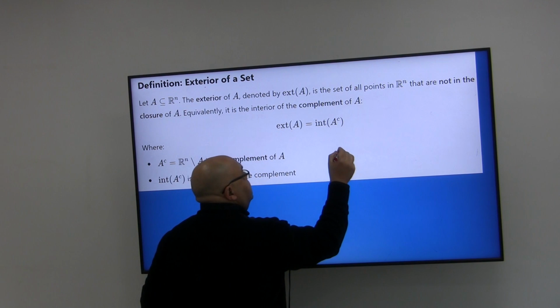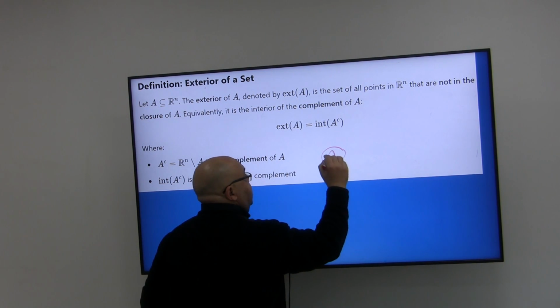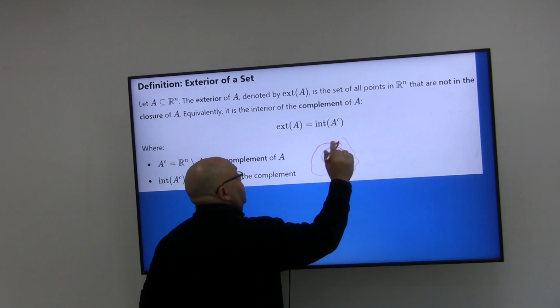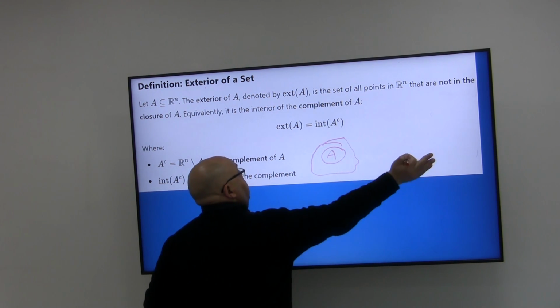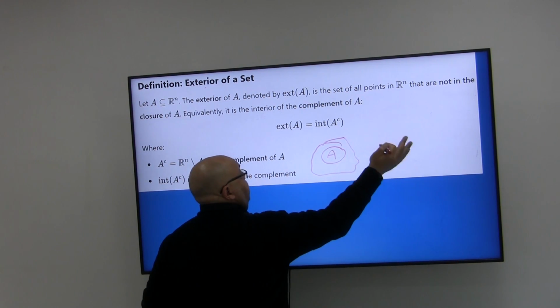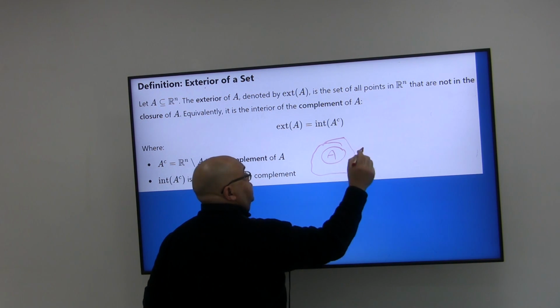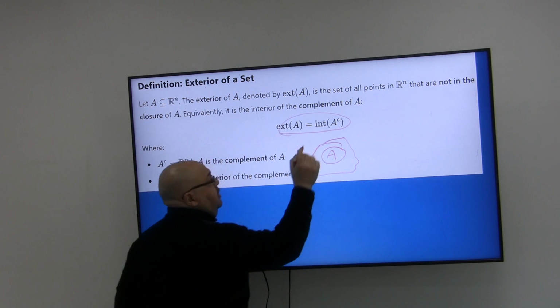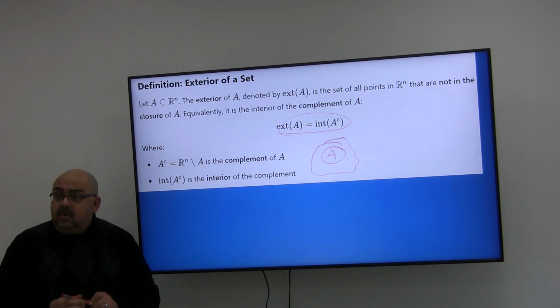Once more, this is the set A. الاكستيريور كل اللي بره. فالاكستيريور اللي بره ده هو الانتيريور بتاع A complementary. لذلك exterior of A بيساوي الانتيريور بتاع ال A complementary.